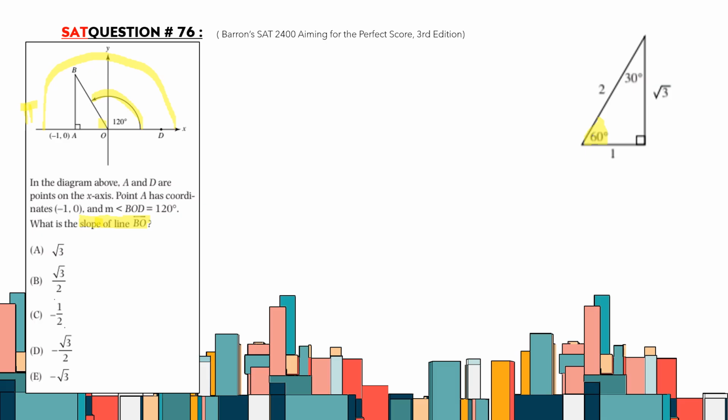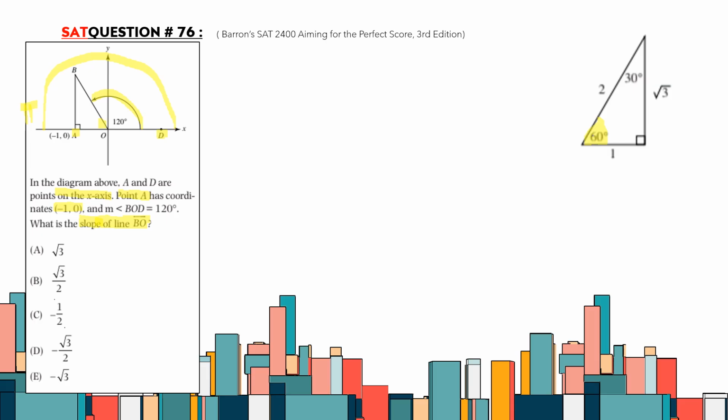We need that information. Then we have point A coordinate, and it's on the x-axis. D and A are on the x-axis. Point D is just kind of a confusing point.